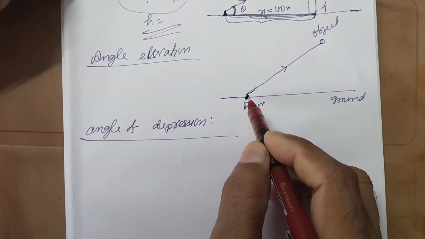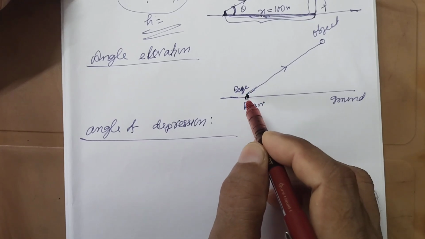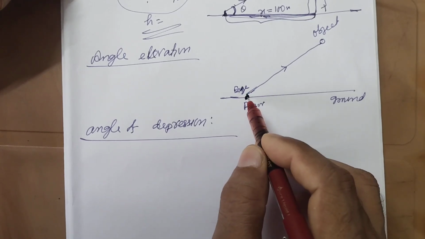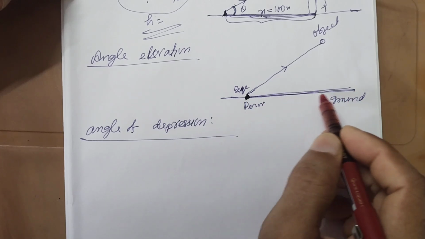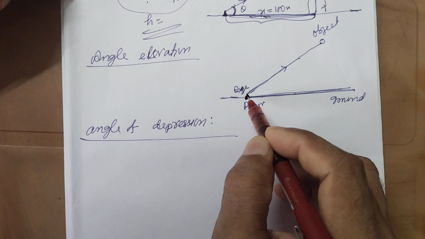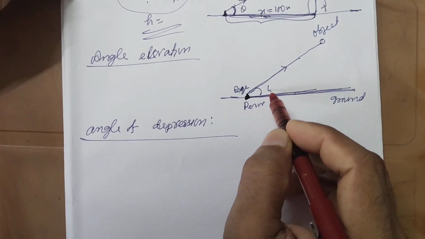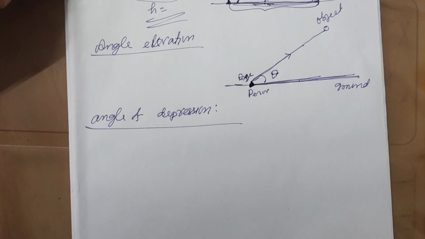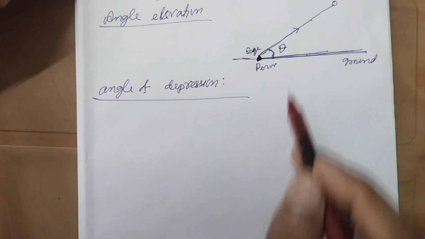The line through the eye of the person, parallel to the ground, is a horizontal line. And the angle between the line of sight and the horizontal line through the eye of the person is called angle of elevation. So keep in mind, when a person is looking upward, it makes angle of elevation.